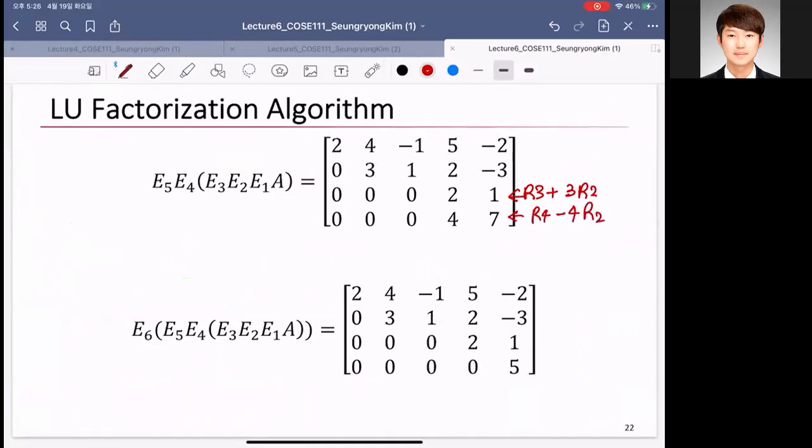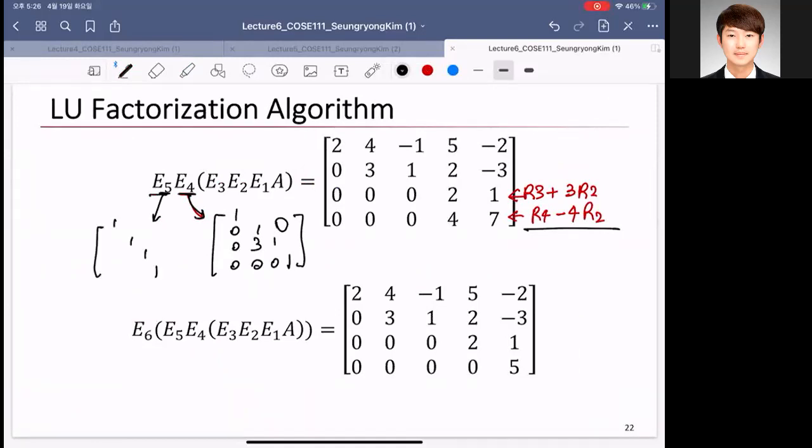Then our E4, let me use the black color. F4 is going to be 1, 1, 1, and 3 here. The remaining part is 0, looks like this. And E5 for this replacement operation is going to be 1, 1, 1, 1, negative 4.